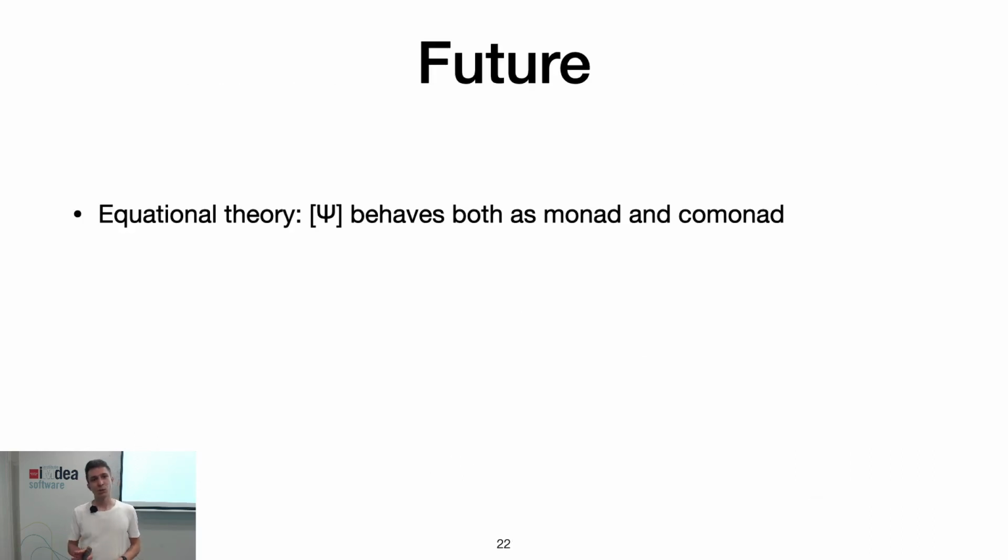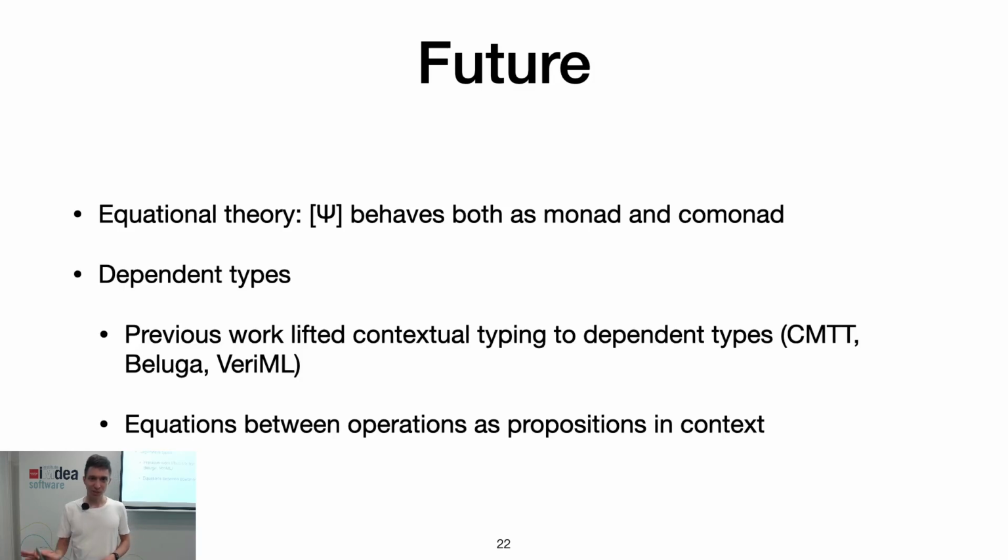One more thing that we want to do in the future is to look into our equational theory. Because for us, right now, this modality of box psi behaves both as a monad and a comonad, which is peculiar, and we want to explore it. And the next big thing is dependent types. We think that we will have a good shot at getting to dependent types because, first of all, the work we base on, SymTT, was already lifted to dependent types, and its development also.